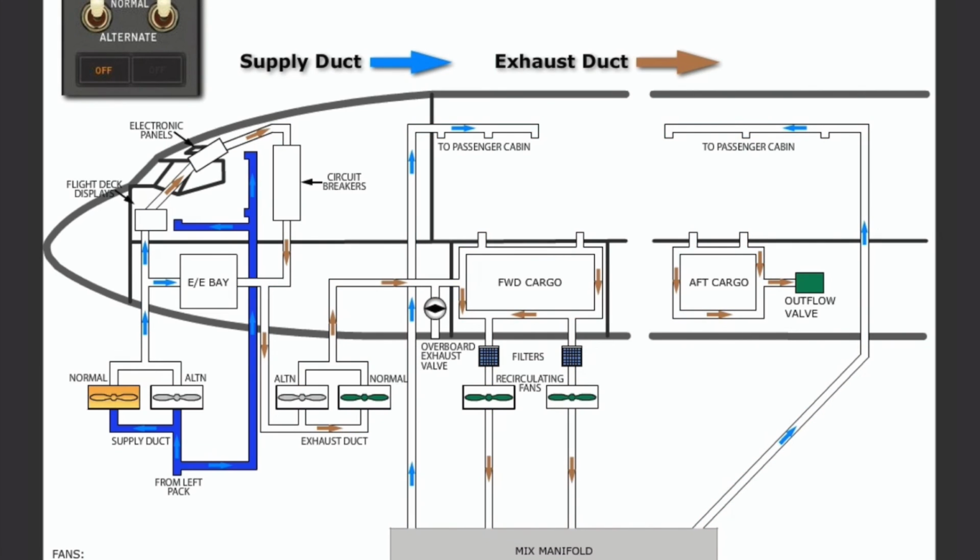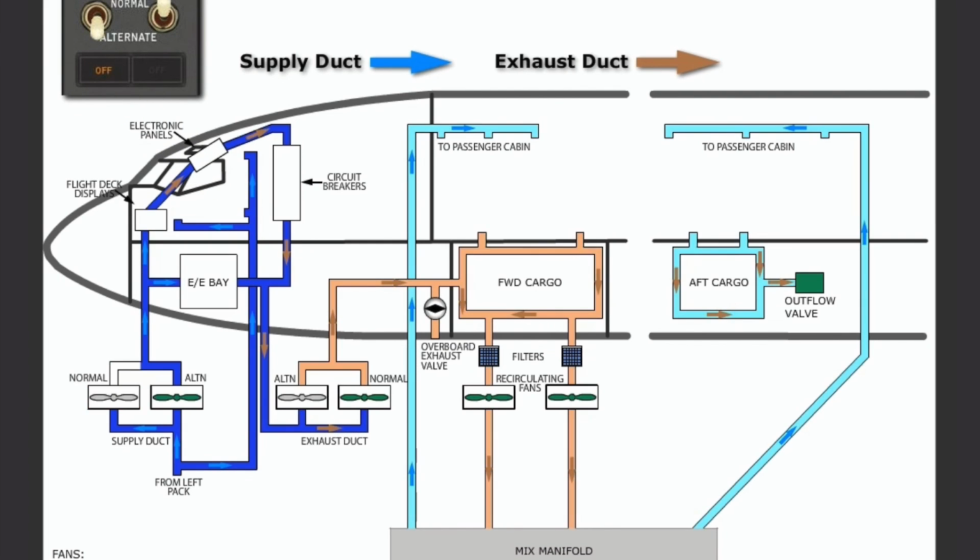When there is not sufficient cooling airflow, the off light, master caution, and overhead light illuminate. The off light illuminates for either the supply or exhaust fan, indicating which fan has failed. Selecting the alternate fan should restore airflow and extinguish the off light within 5 seconds once airflow is detected. If an over-temperature occurs on the ground, alerting is provided by a crew call horn in the nose wheel well.